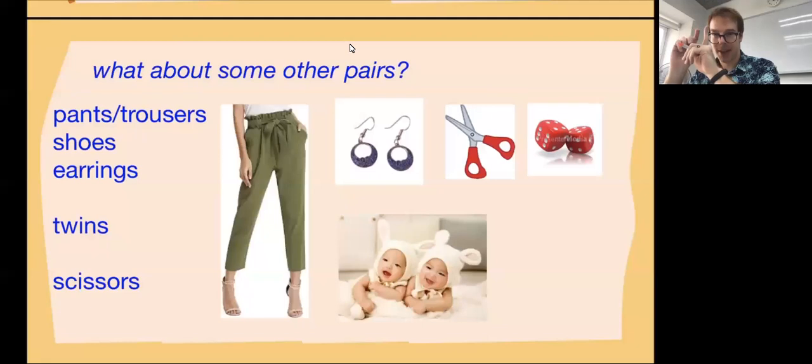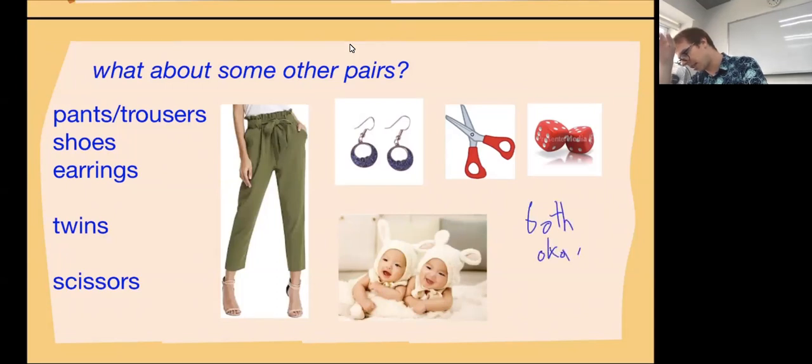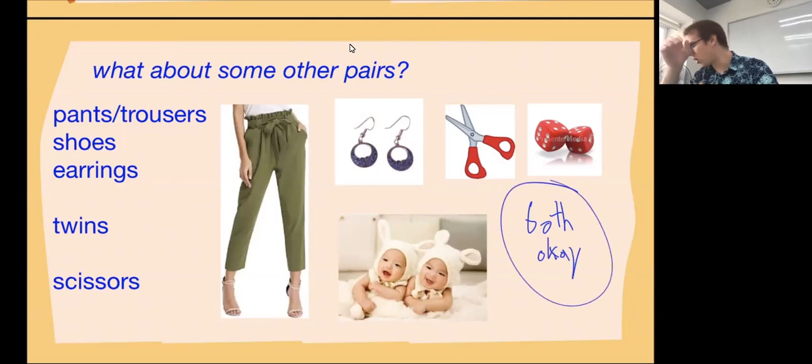And I know some of you guys are thinking, especially our native speakers, right? I don't know if you guys know about me, but I'm American. And if I'm American and I say both okay, you might say, but Mark, I thought we always used the singular. Or doesn't the book say that we need to use singular for pair?